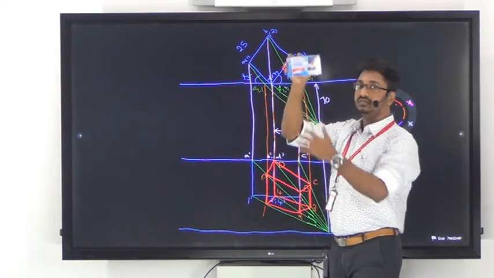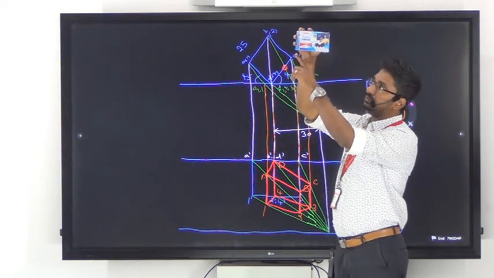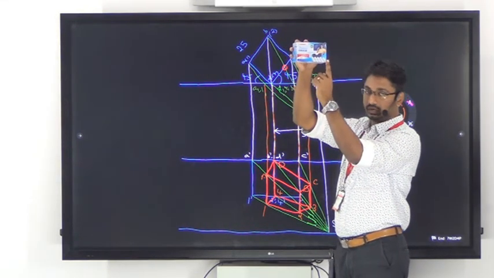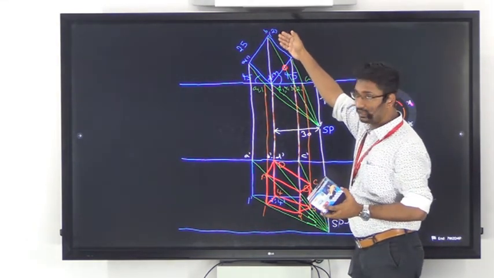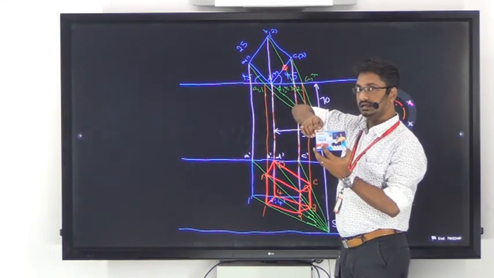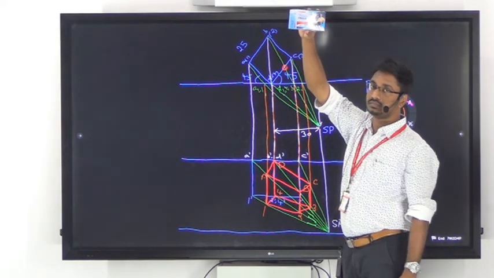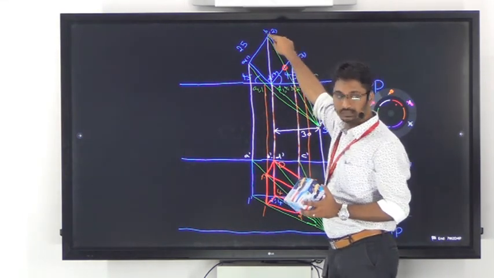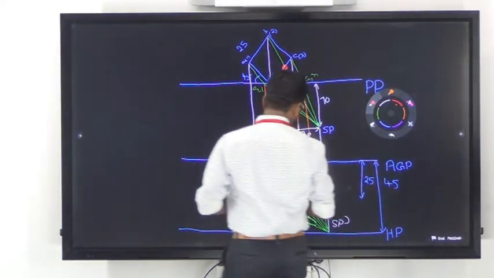In this case we are looking at the object from below, so bottom corners will be visible. So all the points 1, 2, 3 and 4 will be visible. So point 2 will be a visible point. But the point B is invisible since it is a point on the top face and we are looking at the object from below. So in this figure B is the only corner which is invisible.